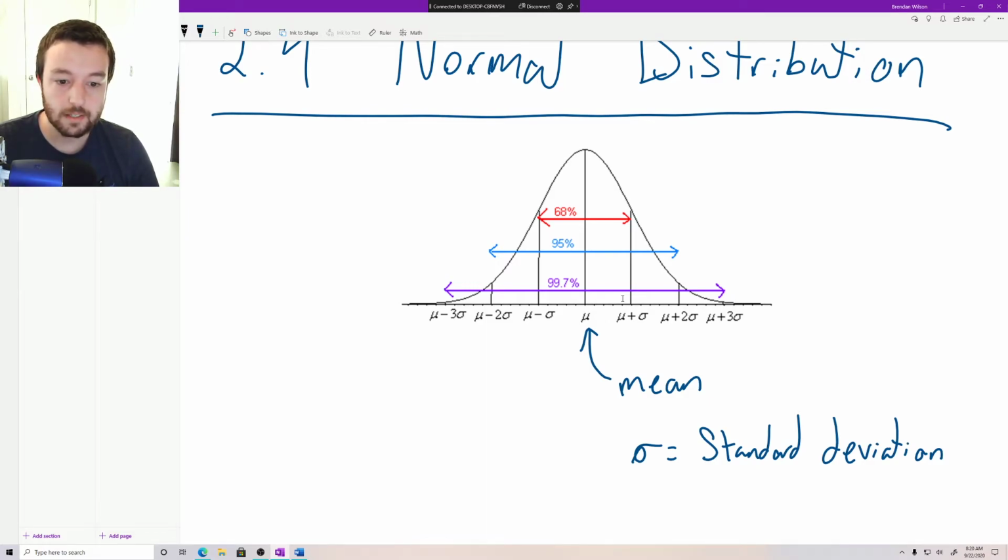What's even more surprising is once we open it up to 2 standard deviations away, 95% of the data is within that range. So if you just think about height, if we knew the average height and what a standard deviation of height is, 95% of people are within 2 standard deviations from the mean, which means that 95% of people are around the same height, which is very surprising.